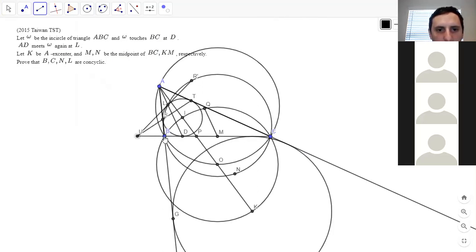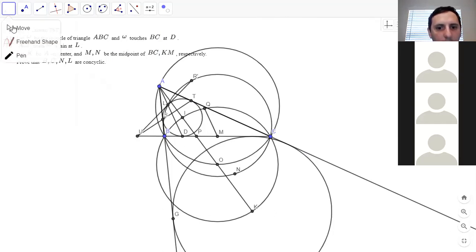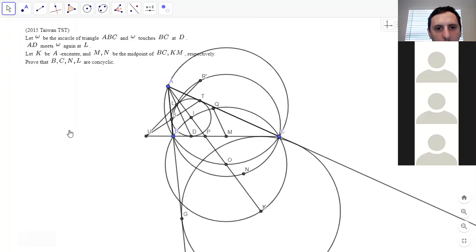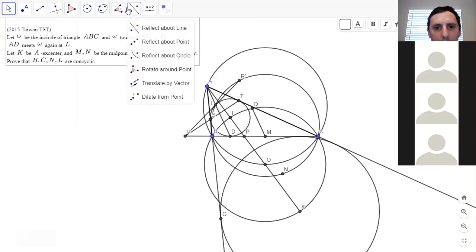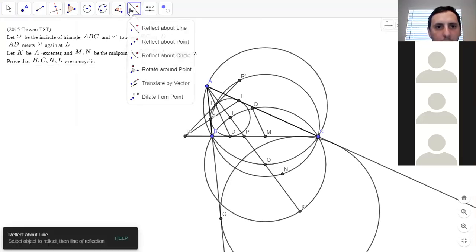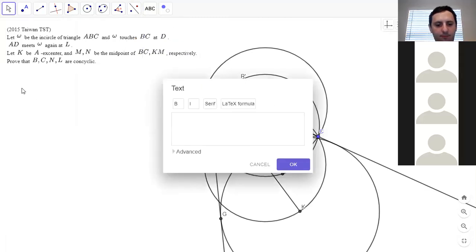Okay, so let S and T be the tangency points of the incircle with AB and AC.